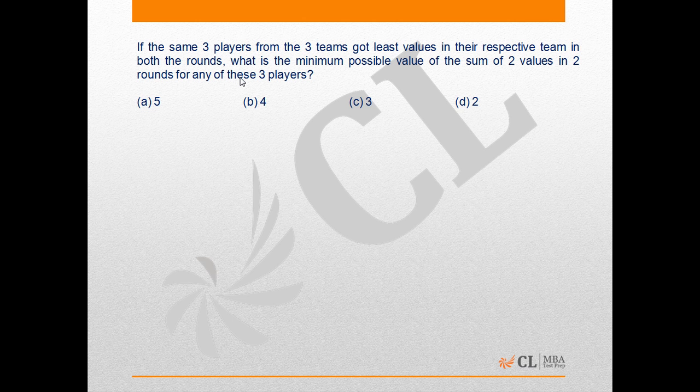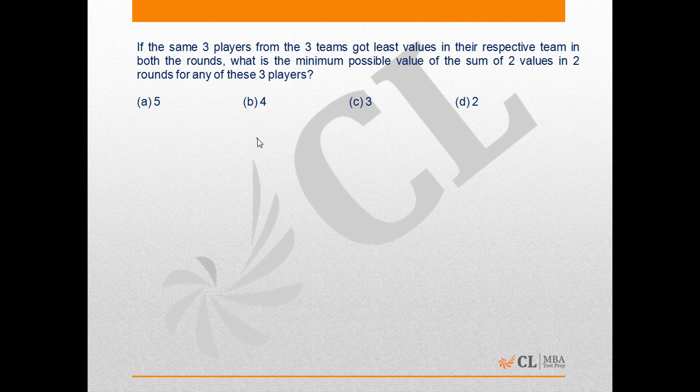In the second problem, if the three players from the three teams got the least values in their respective team in both the rounds, what is the minimum possible value of the sum of two values in round 2 of any of these three players?